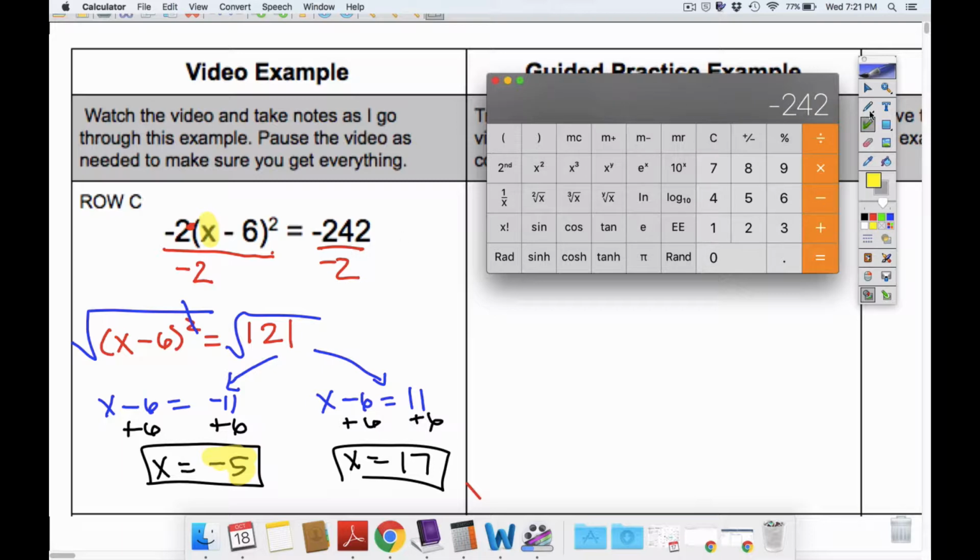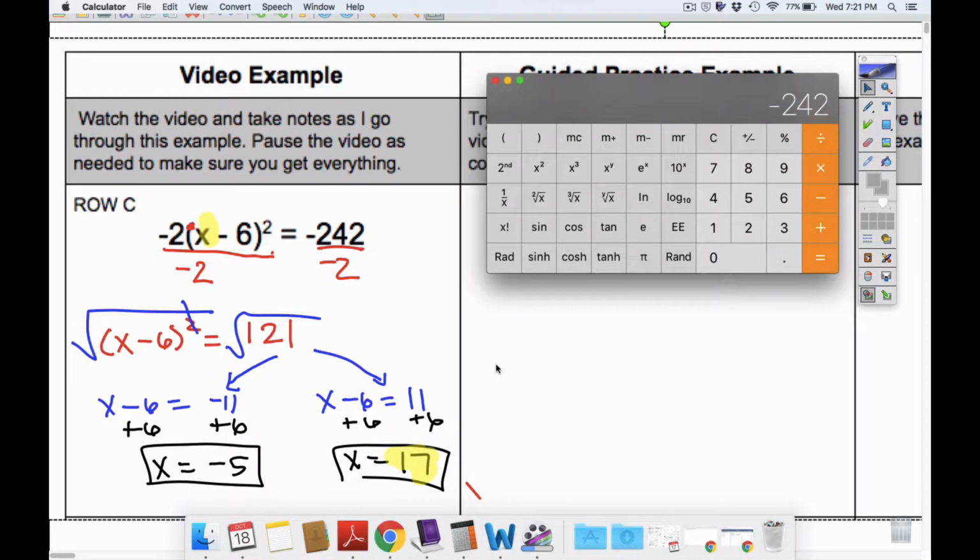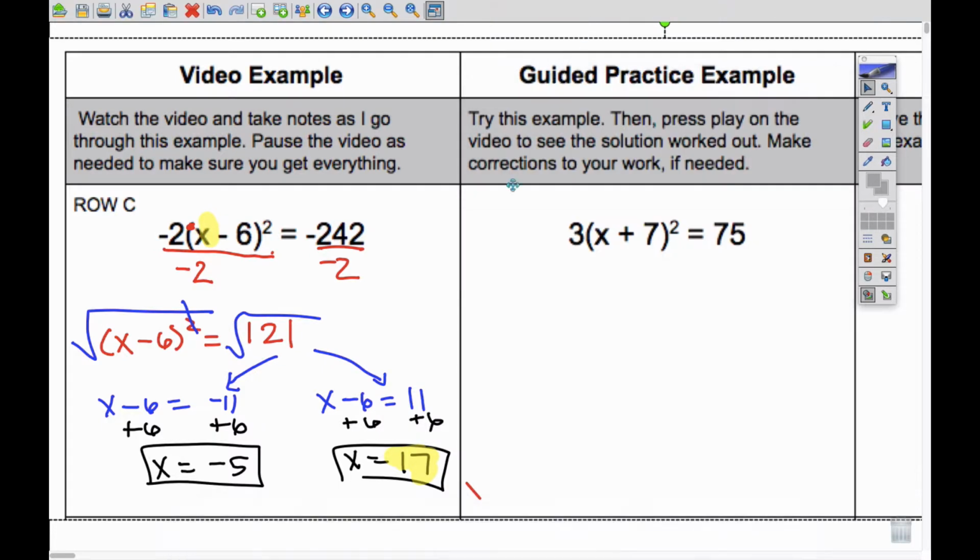So that answer's right. Then I'm going to go ahead and check 17 the same way. 17 minus 6 is 11. Times 11 is 121. Times -2 is -242. So with a calculator, it's really pretty fast to check your work, so we might as well do that.